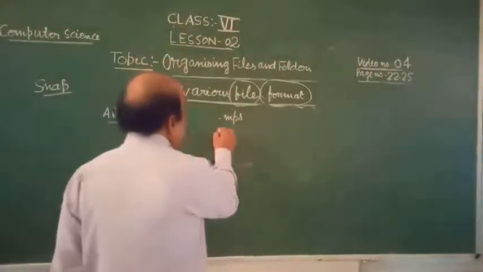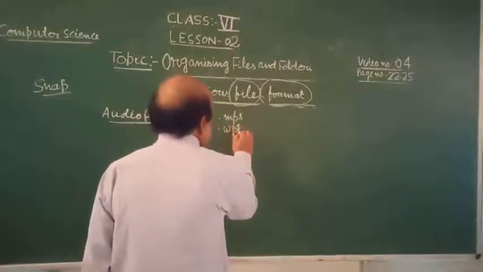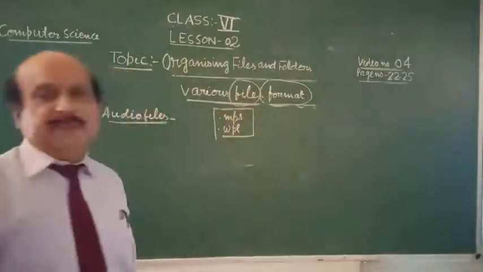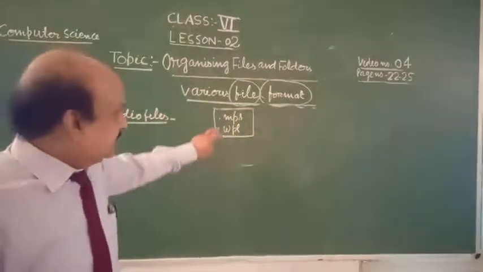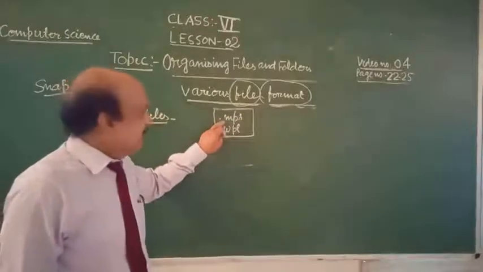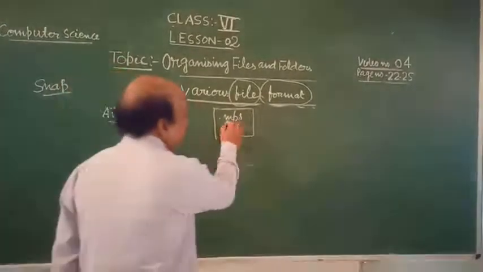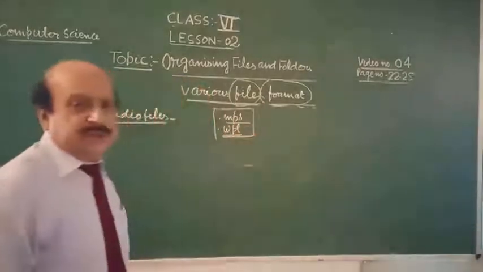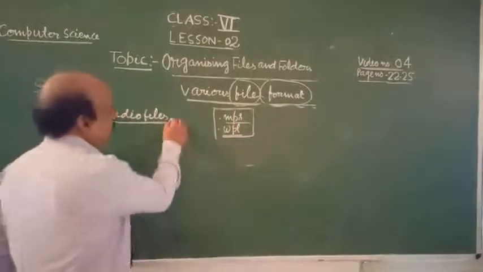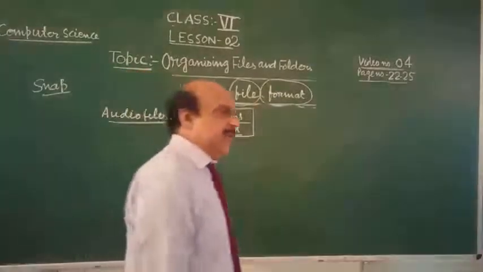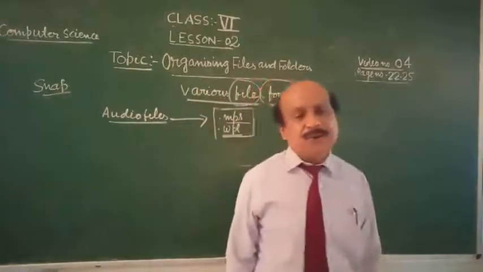Next you can write .wpl. So if the file is stored in the computer and you find the extension .mp3, .wpl, or any such extension, you can say this is an audio file. It means the file you have created is an audio file.